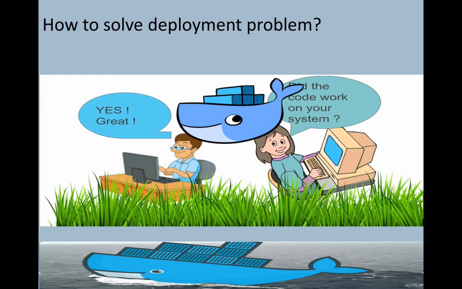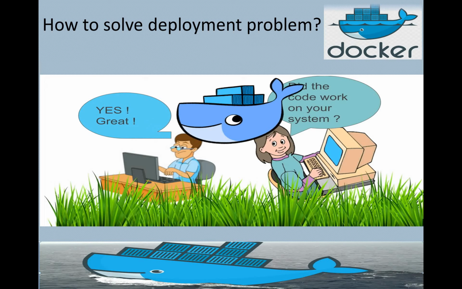Docker is a software container platform which helps our deployment and solves our deployment problems. That is the beauty of Docker. In this way, we are solving this deployment issue.